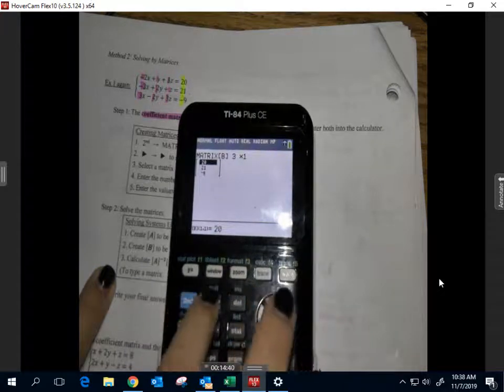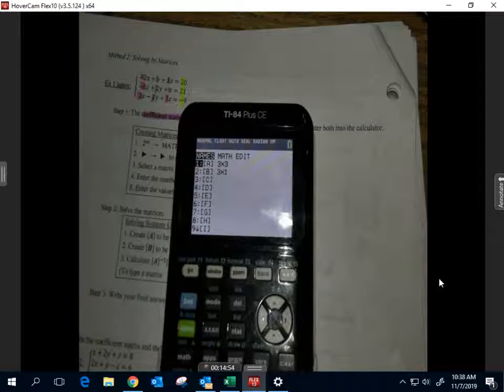Let's hit second mode. Second mode, and then I want you to hit second inverse. Everybody here? Hit the number 1, and it should come up matrix A on your screen.